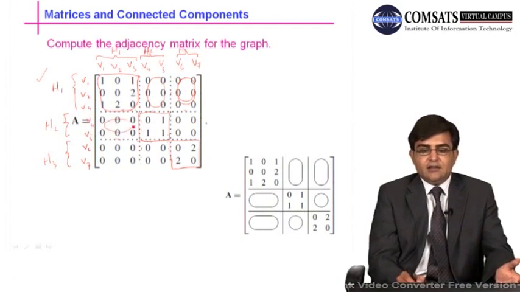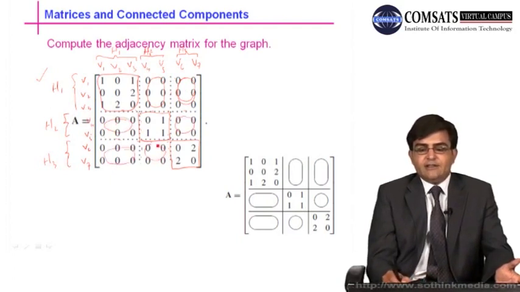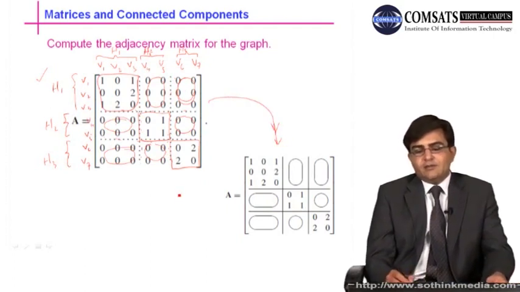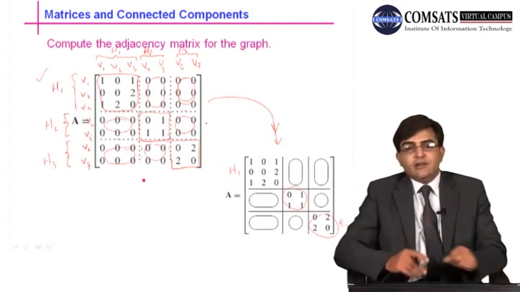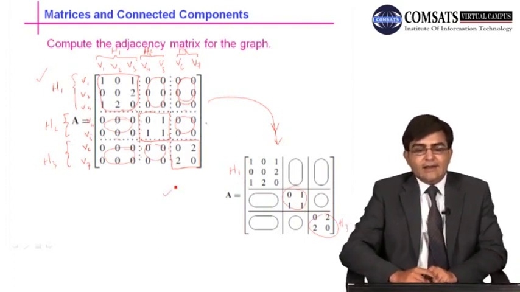We can write the adjacency matrix immediately like this, because this corresponds to H1, this corresponds to H2, this corresponds to H3. So this is how we can calculate an adjacency matrix for a graph which has connected components.